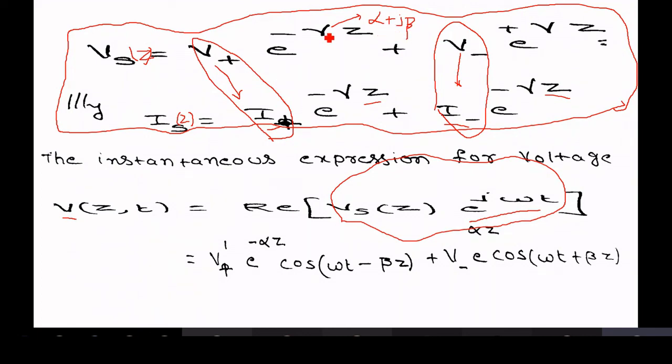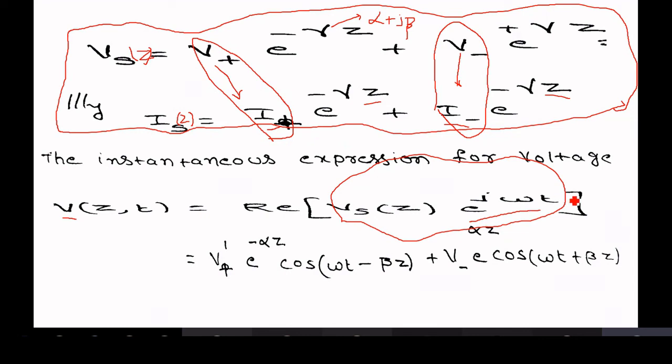So it will be e power minus alpha z and e power minus j beta z, and you have to multiply with e power j omega t. So the e power minus alpha z term will come outside, and we have the complex term e power minus j beta z into e power j omega t.